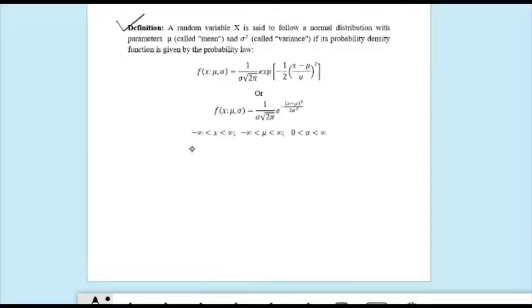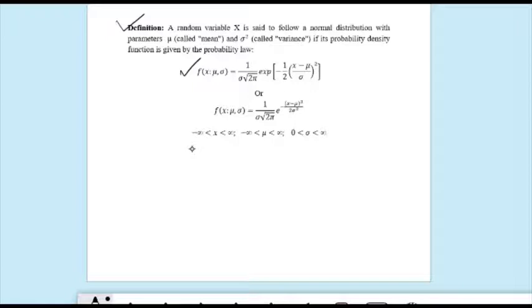Now let us see the definition of normal distribution. It says a random variable x is said to follow a normal distribution with parameters mu and sigma square if its probability density function is given by this probability law.